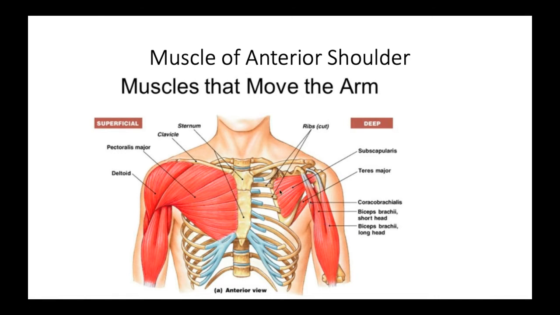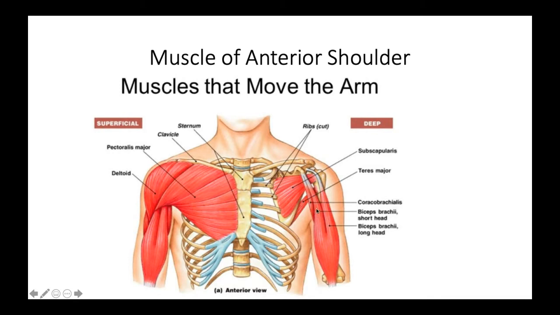There is a short head, which originates on the coracoid process of the scapula, along with the coracobrachialis that originates there. And then the long head of the biceps originates on that supraglenoid tubercle, which is just above the glenoid cavity of the scapula. The long head travels through the intertubercular groove, known as the bicipital groove, which is between the greater tubercle and the lesser tubercle.